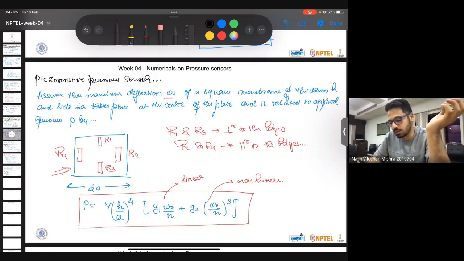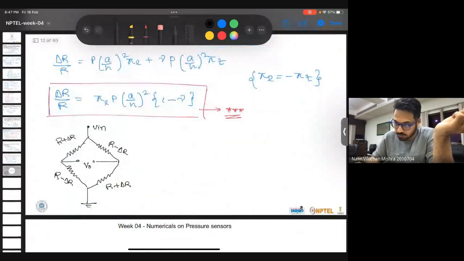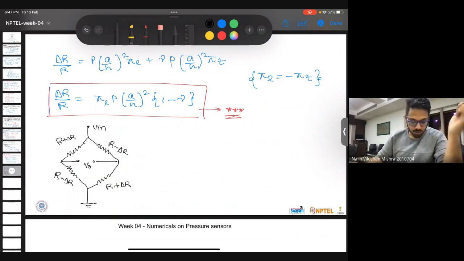The change in resistance can be an increase or a decrease. So R1 and R3 generally have an increment in resistances, and R2 and R4 have a decrement, so the value is decreased. And so we have these values, R plus change in R, R plus change in R, and this value is negative and this value is also negative.